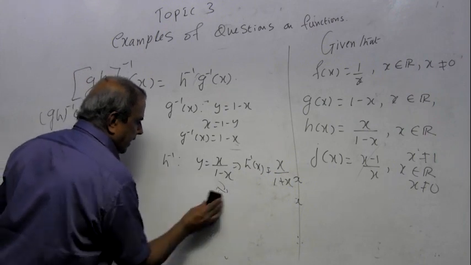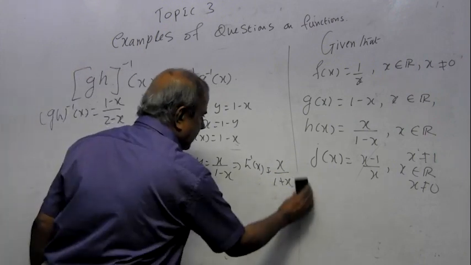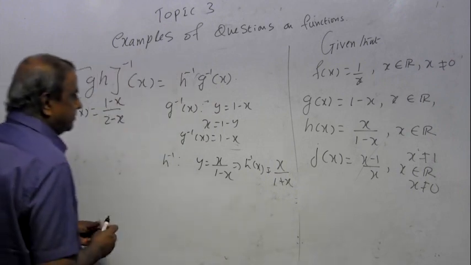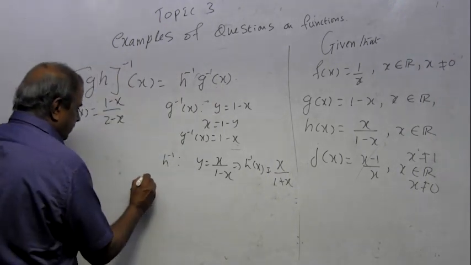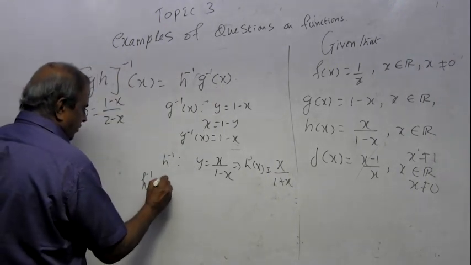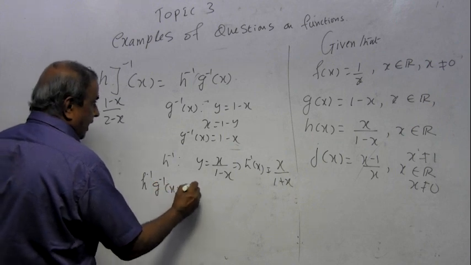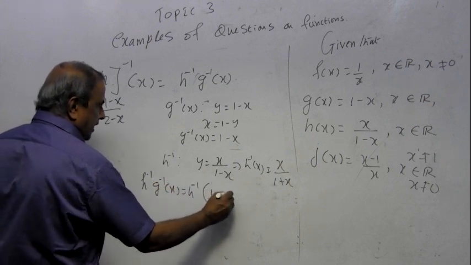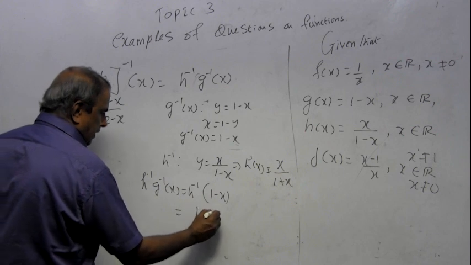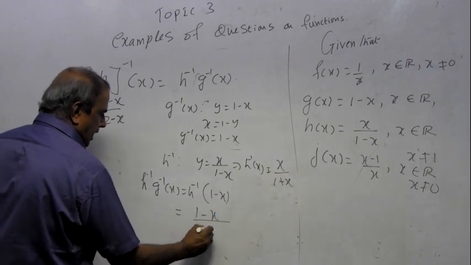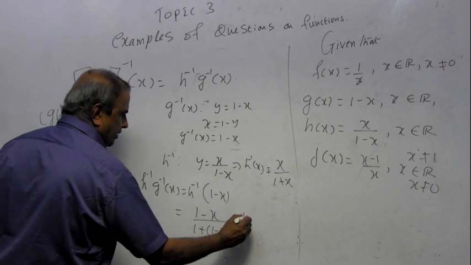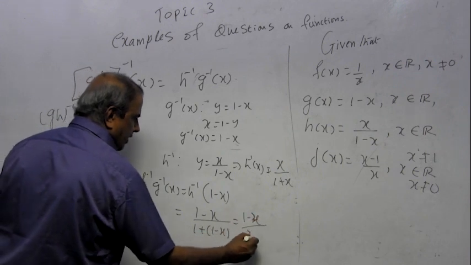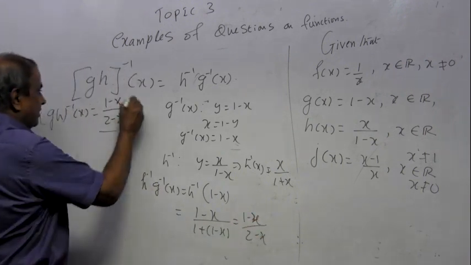Now, having got that, I need to find what is h inverse g inverse of x. h inverse g inverse of x is h inverse of 1 minus x. That will be 1 minus x over 1 plus 1 minus x, which is 1 minus x over 2 minus x. Can you see that?